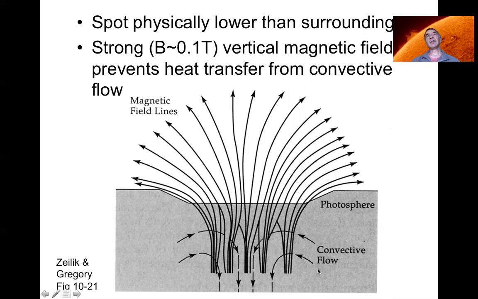Okay, and so the physics here hopefully is something you've come across before. So if you think about how charged particles, okay, the surface of the sun is quite hot. There are going to be ions and electrons in the gas there. And so if you think about how a charged particle interacts with a magnetic field line, that is the key here.